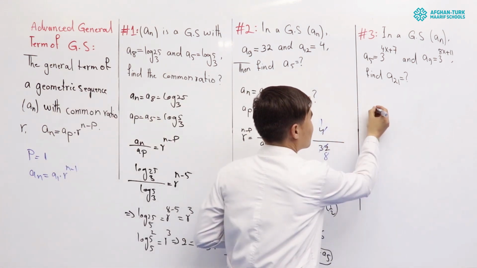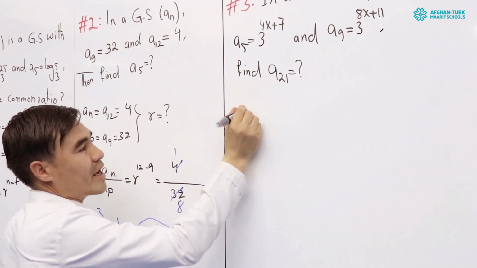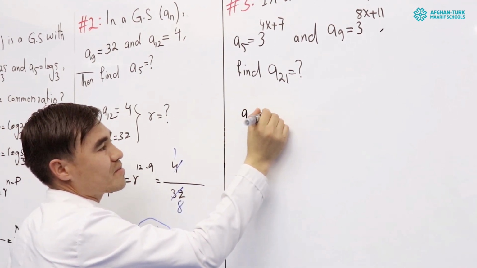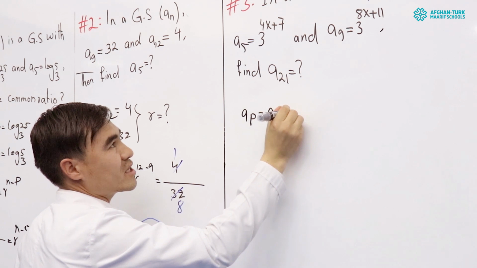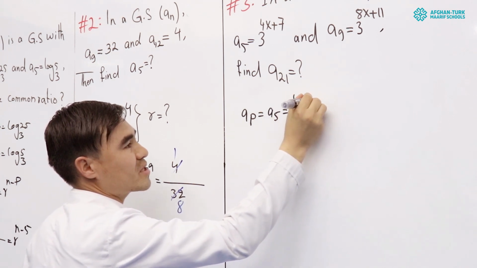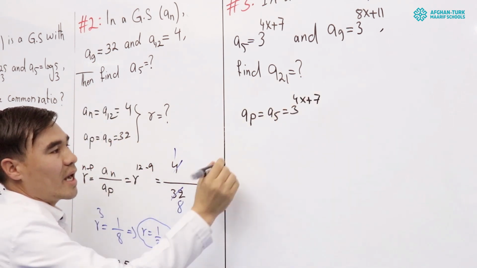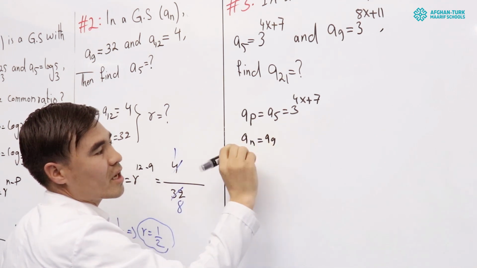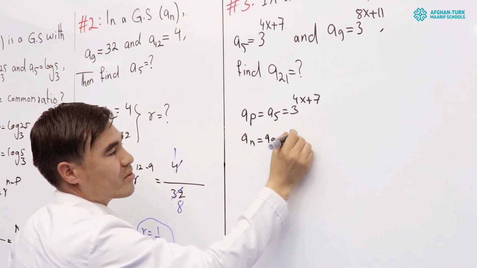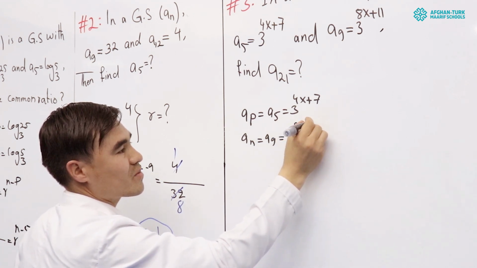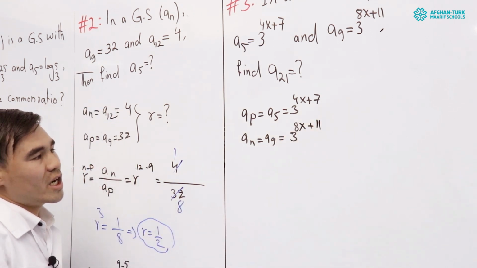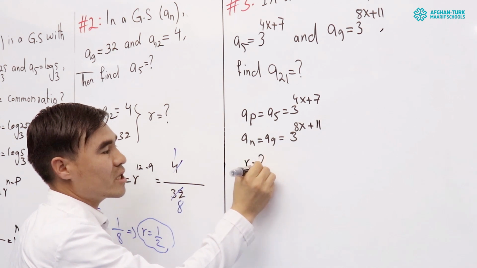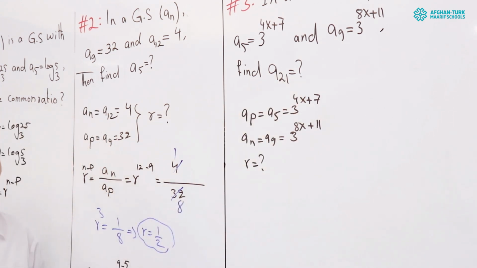For example, a5 is equal to 3 to the power of 4 times x plus 7, and a9 is equal to 3 to the power of 8 times x plus 11. First we must find the common ratio, then we can find a21.